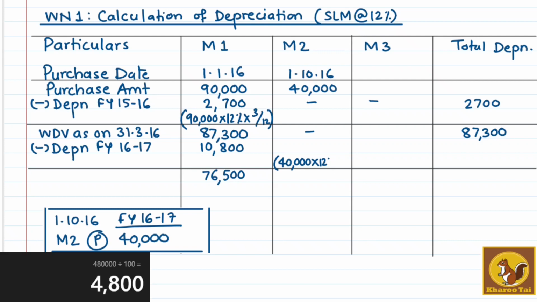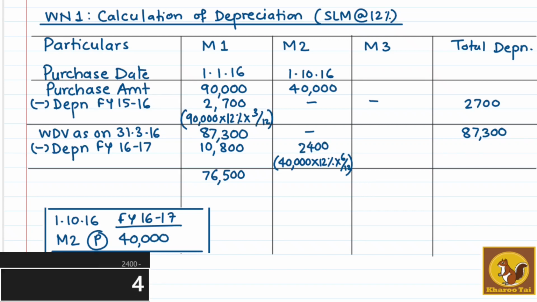We had this machinery with our business for only 6 months, from October, November, December, January, February, March, so 6 divided by 12. The depreciation amount for the 16-17 financial year will be 2,400. 40,000 minus 2,400 is 37,600.